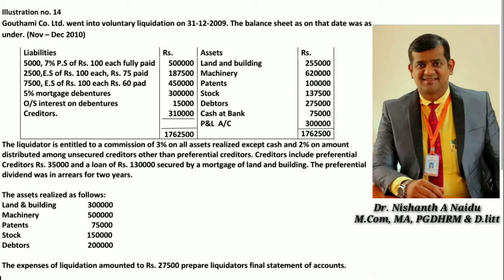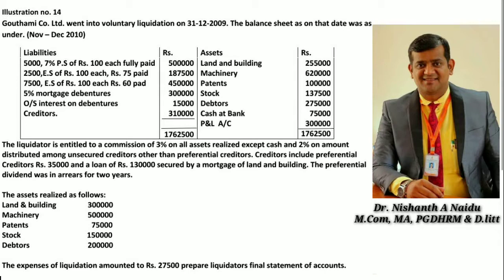Further, the liquidator is entitled to a commission of 3% on all assets realized except cash, and 2% on amount distributed among unsecured creditors other than preferential creditors. Creditors include preferential creditors of rupees 35,000 and a loan of rupees 1,30,000 secured by a mortgage of land and building. The preferential dividend was in arrears for 2 years.